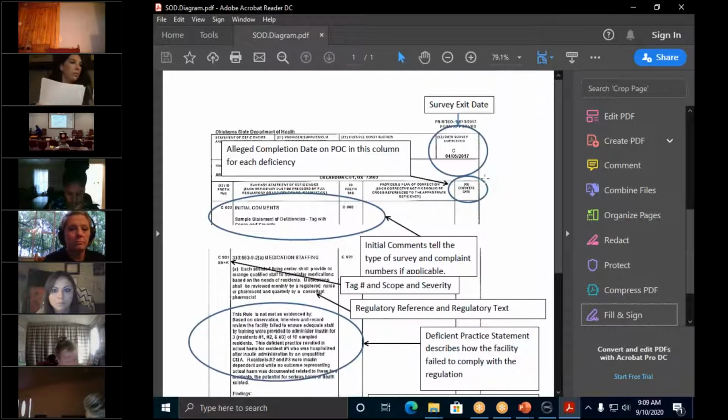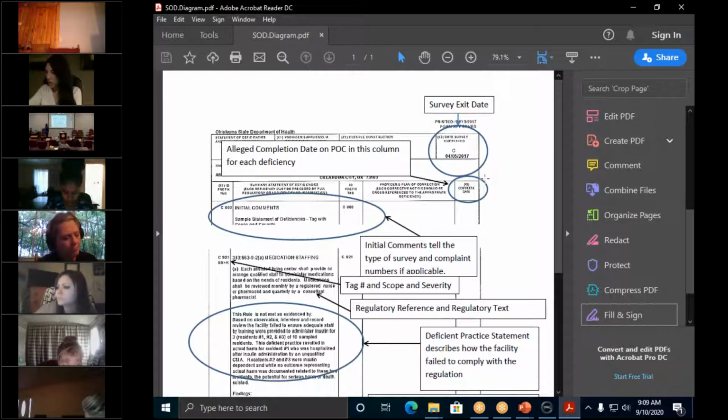Okay, so real quick before we move on to the PowerPoint. When you receive your statement of deficiencies, also called the CMS 2567, they look basically like this.